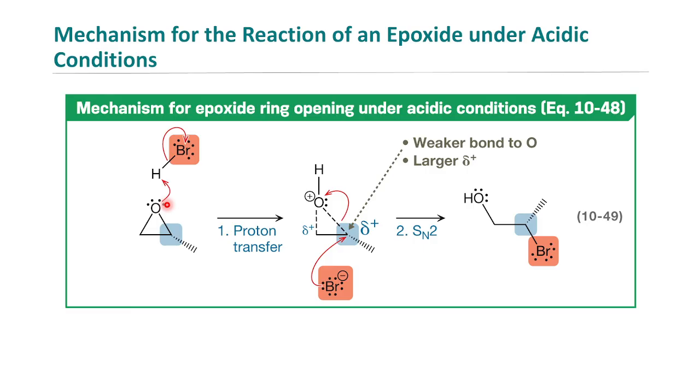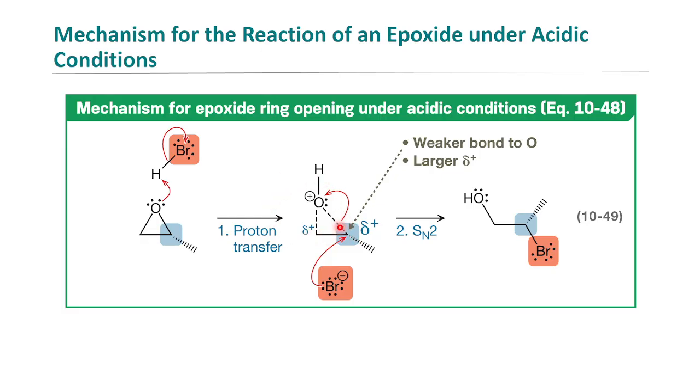The electrons on this oxygen, on the epoxide, are going to go into a bond with hydrogen. And then this is going to leave its electrons on bromine, generating the bromide. So the next thing that's going to happen is we now generated this protonated oxygen, which is a very good leaving group, and is going to give a lot of positive charge on these carbons here.